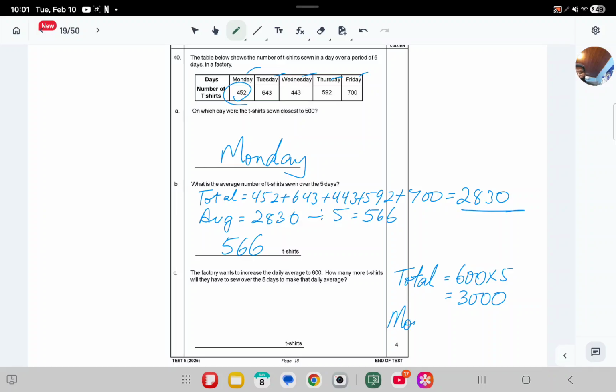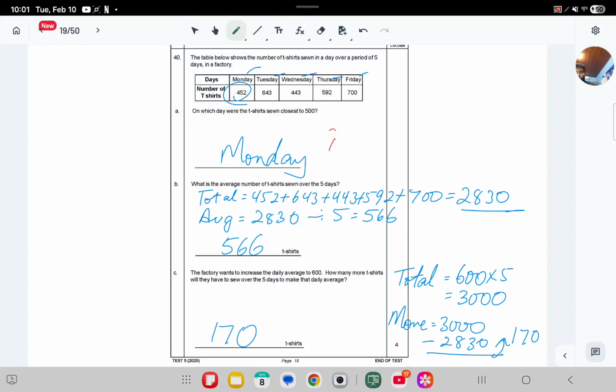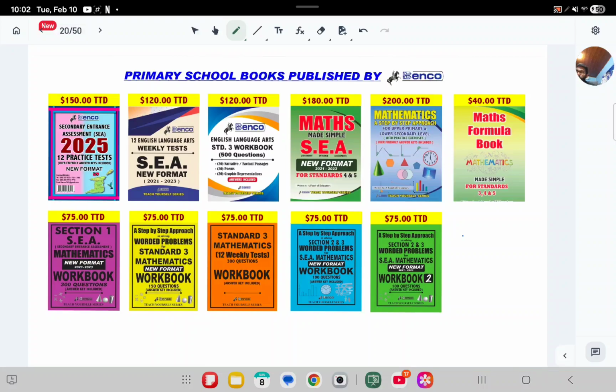So how much more to get this average would be the 3,000, take away the 2,830, and that will leave us with 170. Marking scheme 1, 1, 1, 1. Alright, and that's it for section 3, test 5.